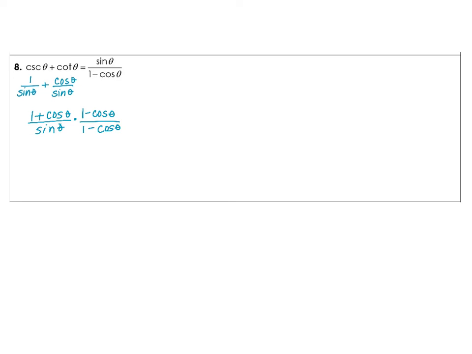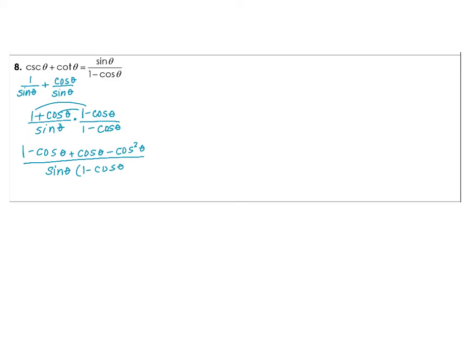Here in the numerator, we're going to get 1 minus cosine theta. And then on the inside here, plus cosine theta. And then we're going to get minus cosine squared theta. And all of that's going to be over, and I would definitely not multiply out the denominators.